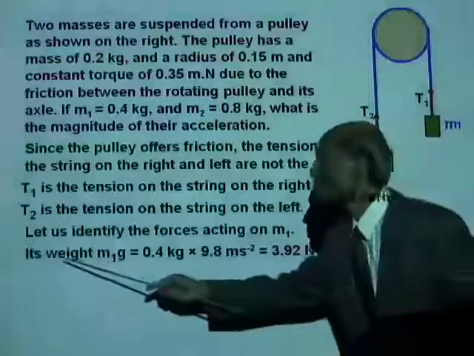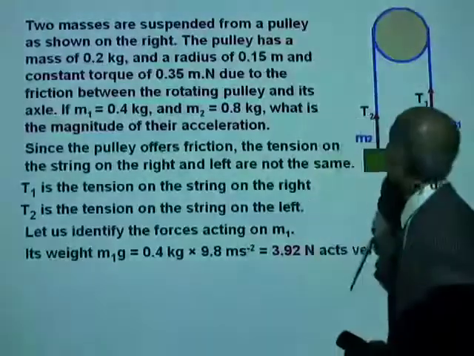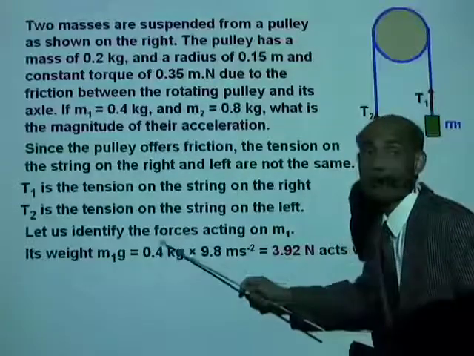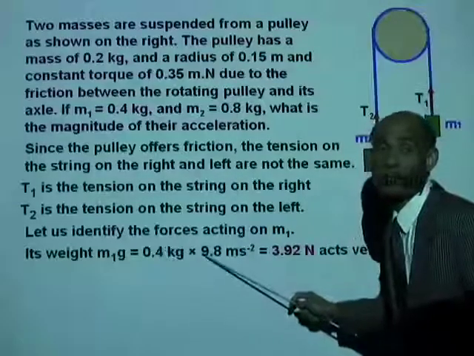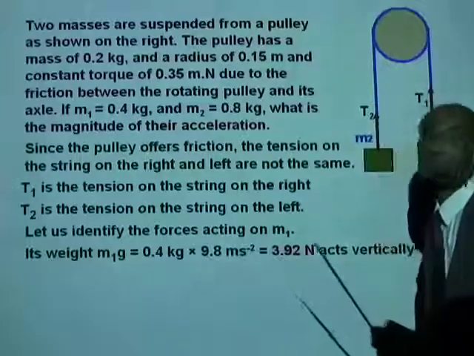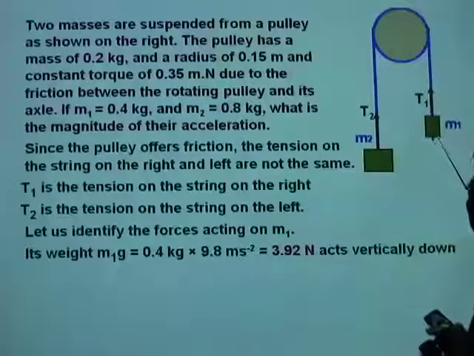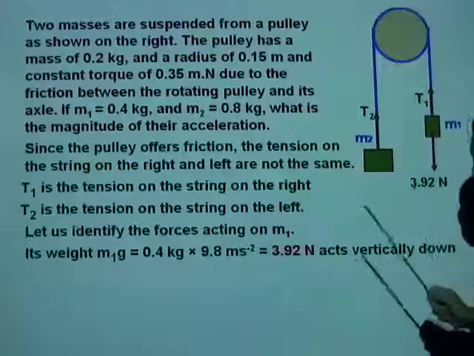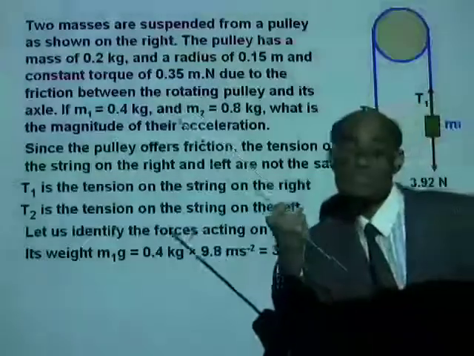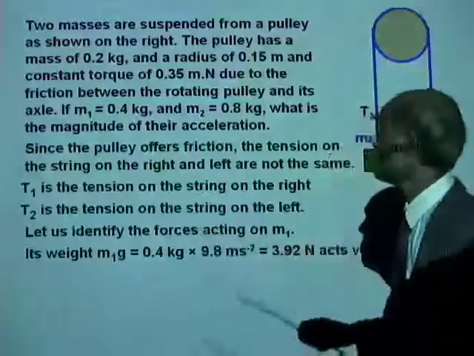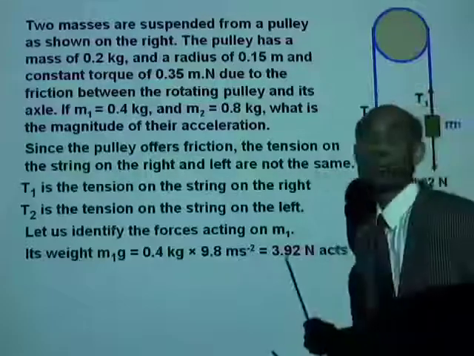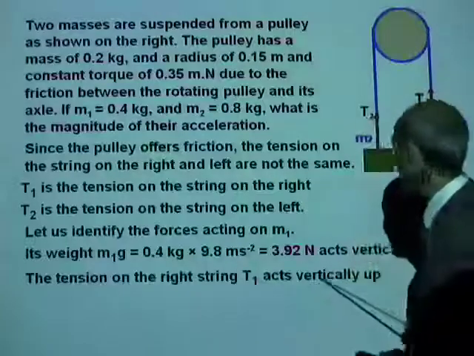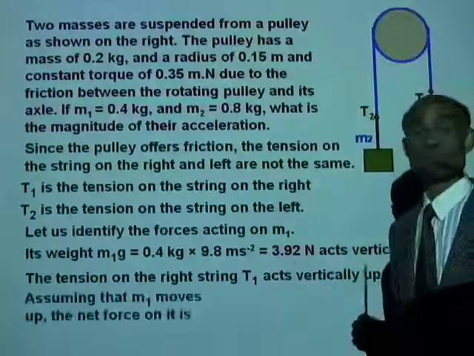Let's first of all find the weight. The weight of m1 is m1 g. Its mass is 0.4 kilogram. Multiply that by g, you get 3.92 Newton, and that is acting vertically down on m1, and T1 is acting vertically up.